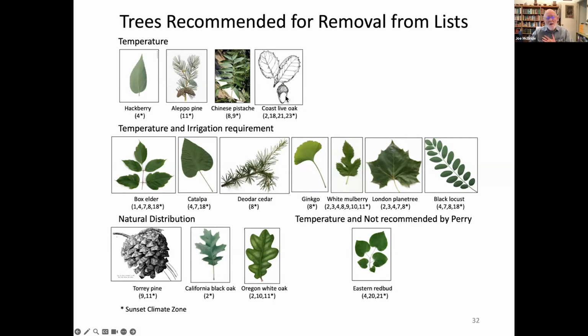It doesn't mean that we're suggesting coast live oak come off the list in other climate zones. It's well adapted to those climate zones. These species here are recommended for removal because of increasing temperature and their irrigation requirements.